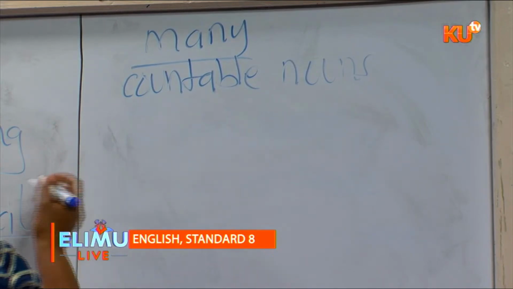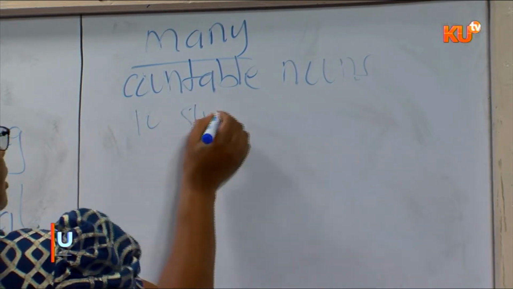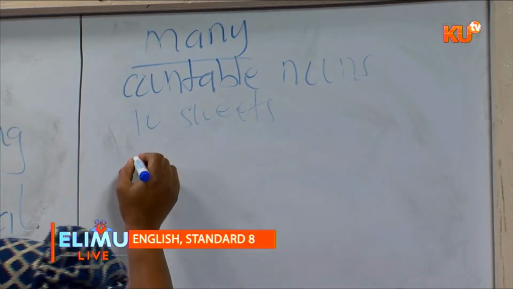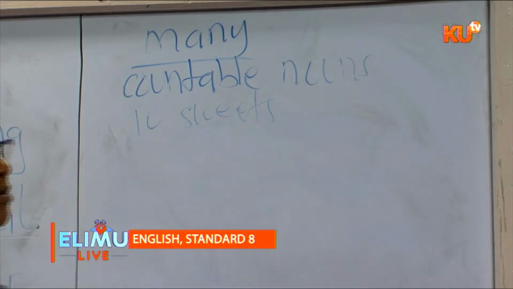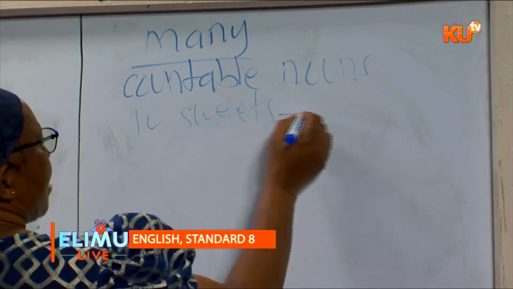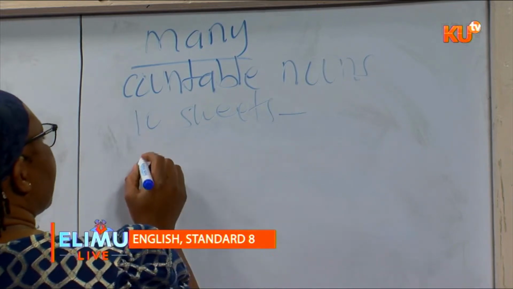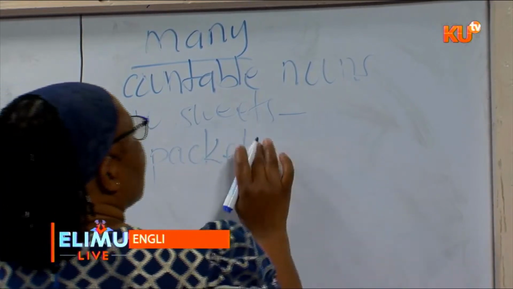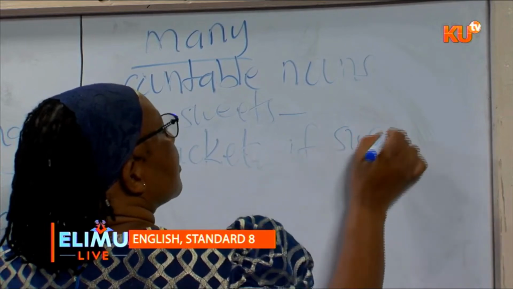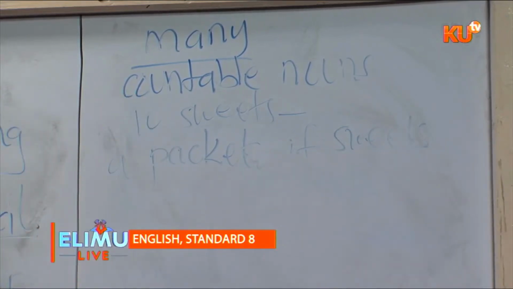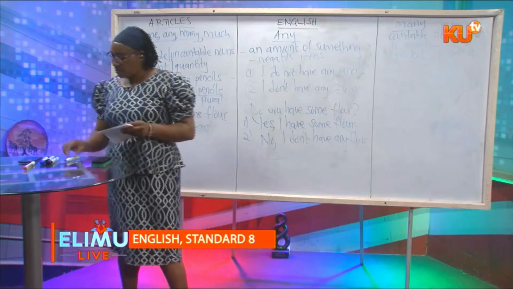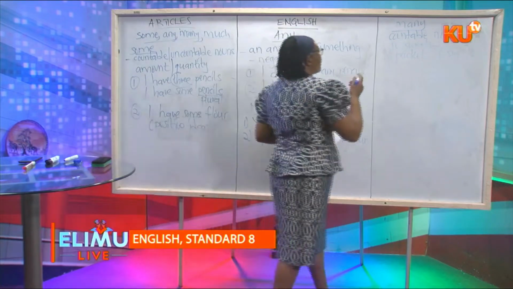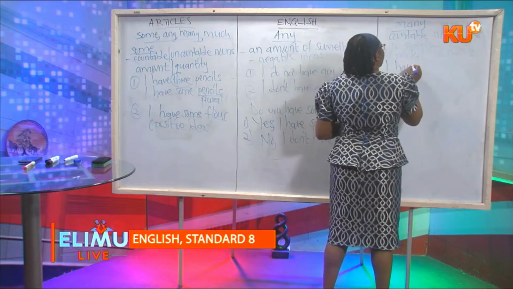For example, when I have 10 sweets, another person has sweets in a packet. This person can count the sweets, they are 10, but if they are in a packet of sweets, he or she may not be able to count the sweets, but the person can say, I have many sweets.